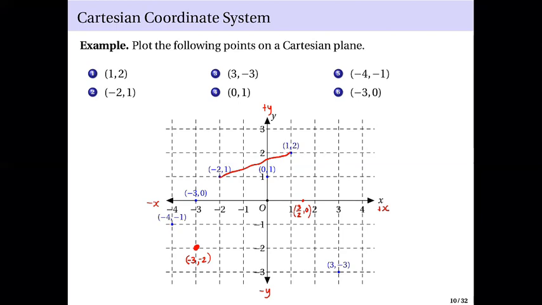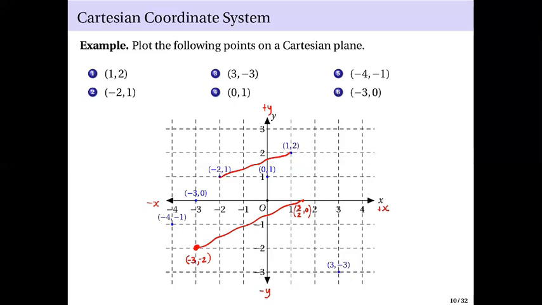Or maybe if we have, say, the point negative 3 comma 2 and the point 3 halves comma 0, we may be asked to find the distance between those 2 points. So the question is, given 2 points, how is the distance calculated?